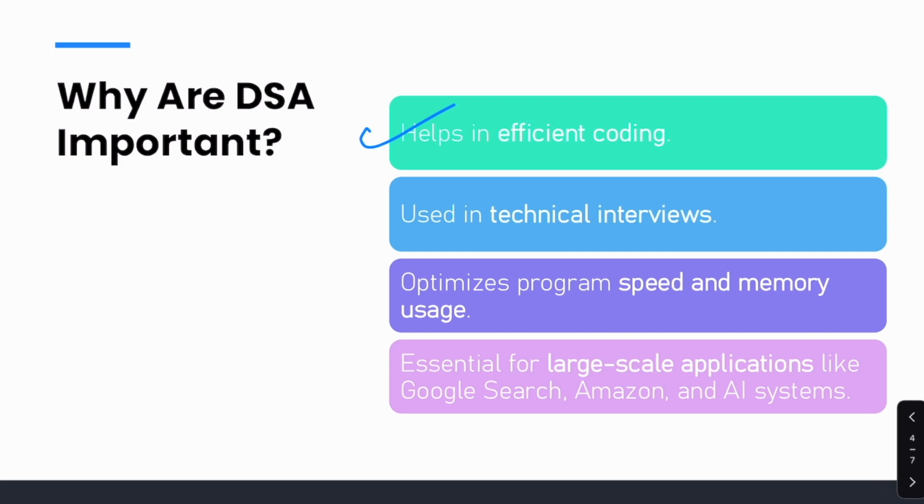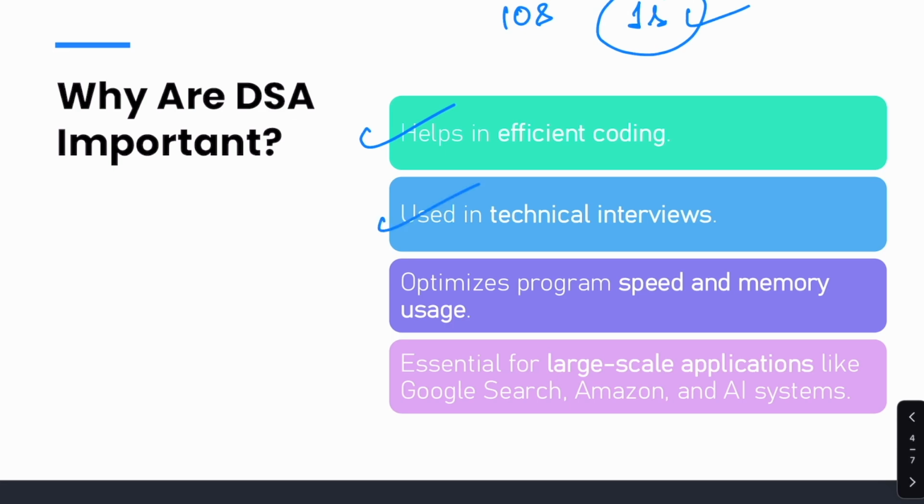If two programmers are going to solve the same problem, say one takes 10 seconds and the other programmer takes 1 second, which code is better? Of course, the one that runs in 1 second is better. So DSA helps in writing optimized and faster code. That is one important point.